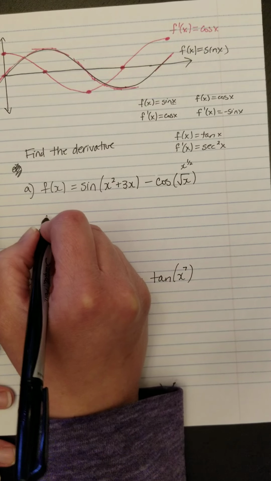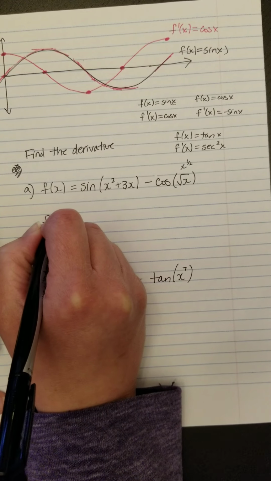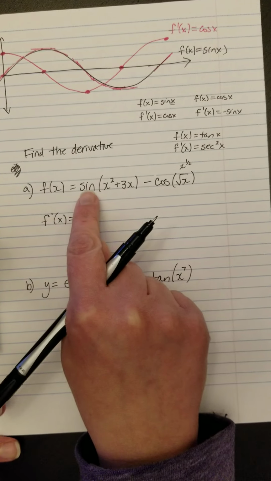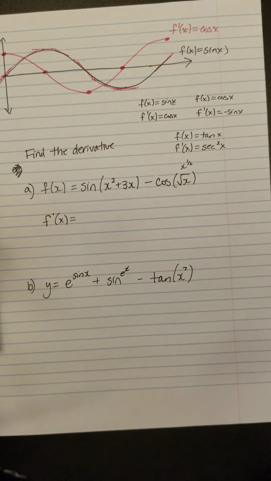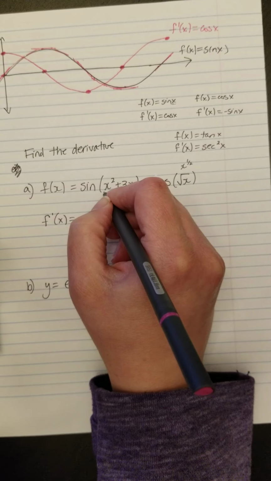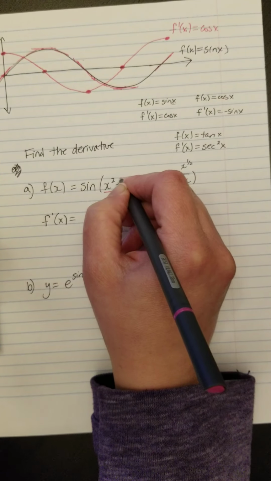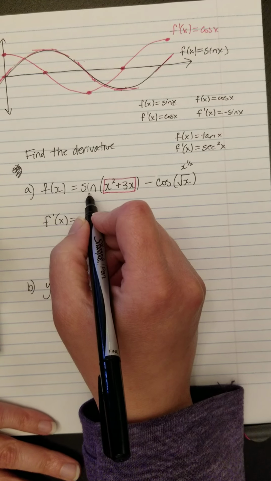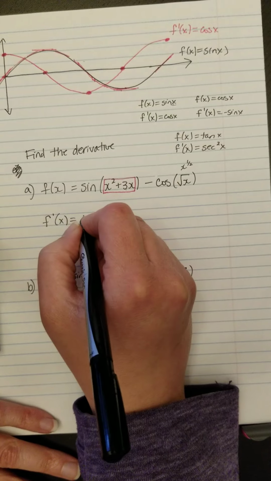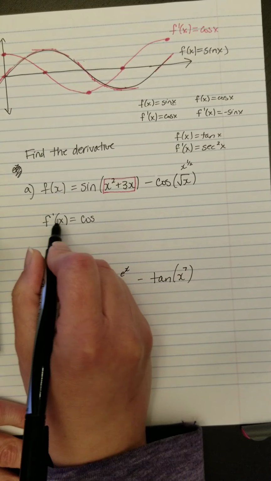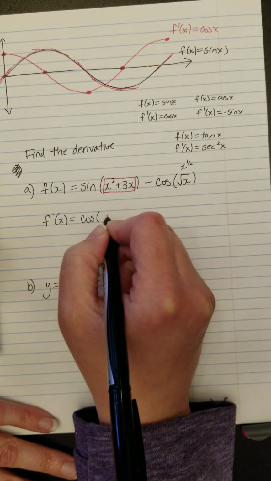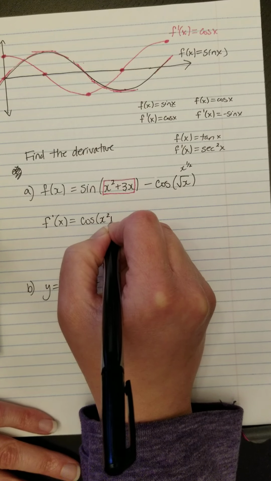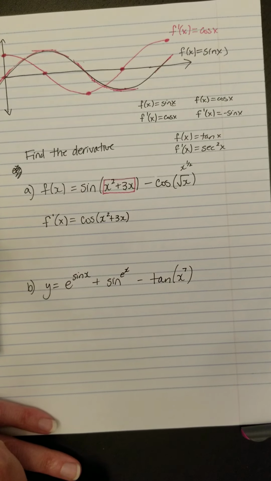So I'm going to do the derivative here. f prime of x equals, and I'm going to color code things a little bit. This stuff in here is the angle of my first function. So the derivative of sine is cos. So f prime of x is cos of this same stuff, of x squared plus 3x.